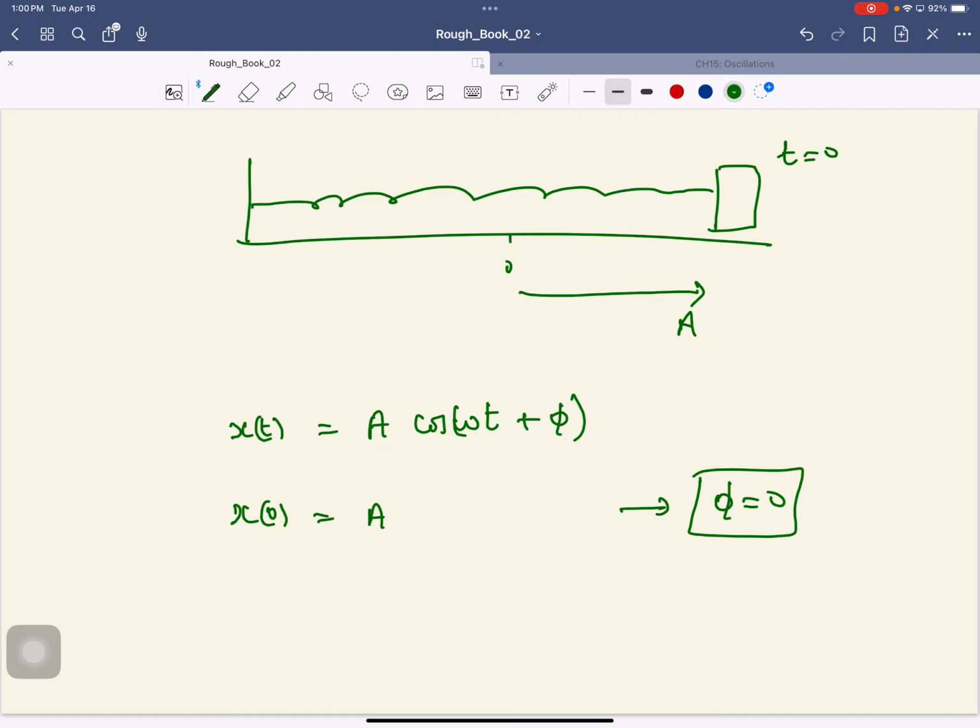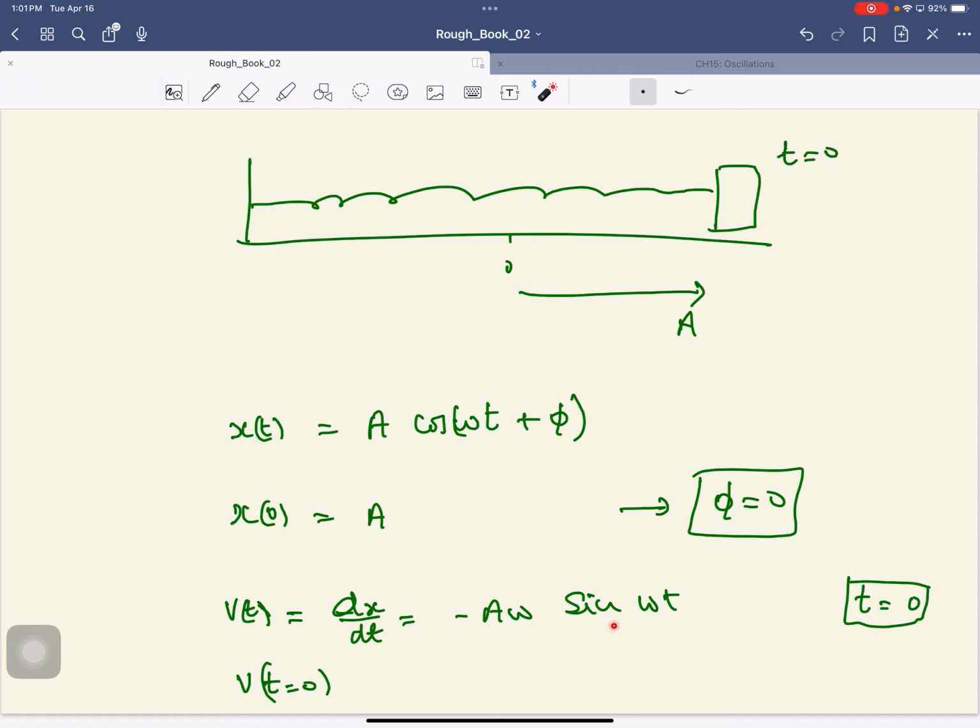Now let's do the velocity. Velocity is minus A omega sine(omega t). Remember, phi is 0. So at t equal to 0, the velocity is sine of 0, which is 0.